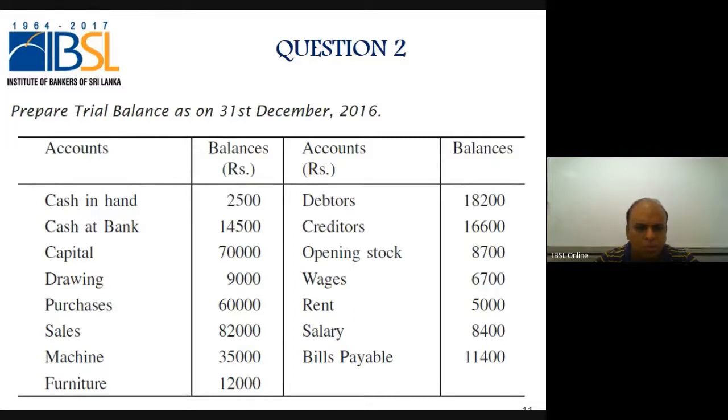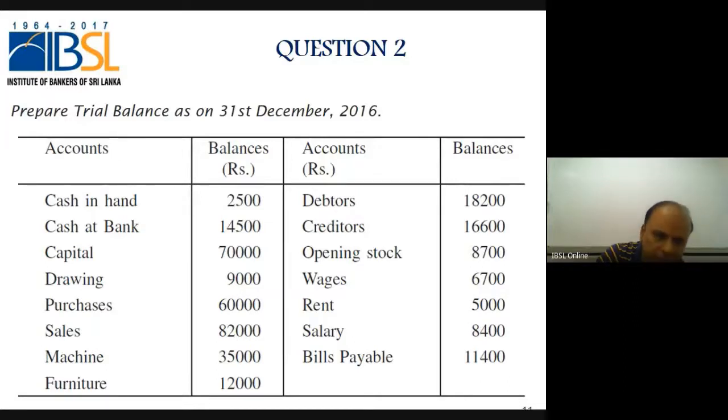So as I told you last week, the first thing that we need to do is to identify the class of account, which is whether it is an asset, liability, income, expense, or equity.